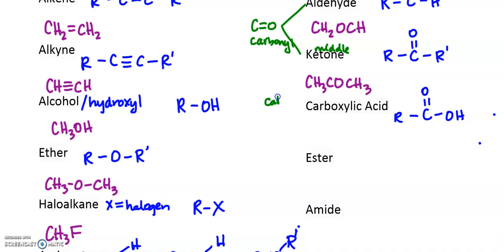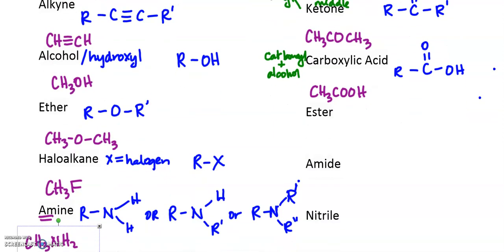So carbonyl plus alcohol, right? So here's your carbonyl, here's your alcohol. So our simplest one would be CH3COOH, which would be acetic acid. Actually, that COOH is your carboxylic acid group.